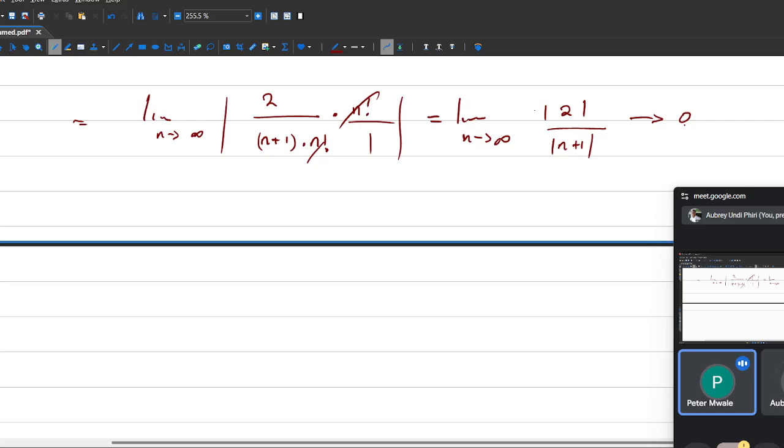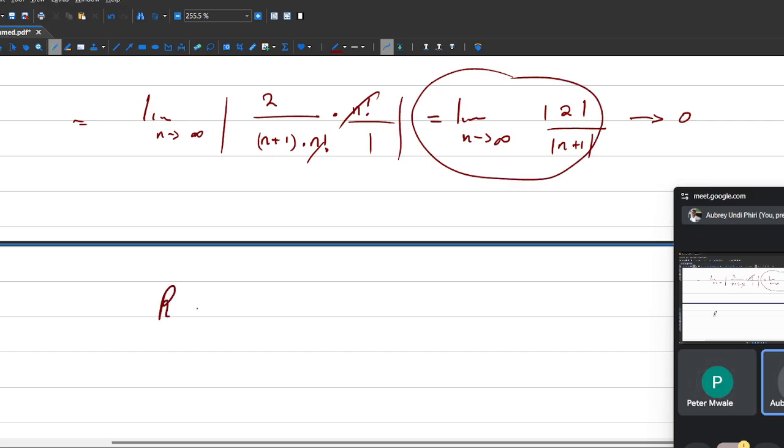Now you can be asked to find the radius of convergence using the ratio test. When you just reach this part here, the radius of convergence is actually the inverse of the limit as n approaches infinity of a_n over a_n plus 1.